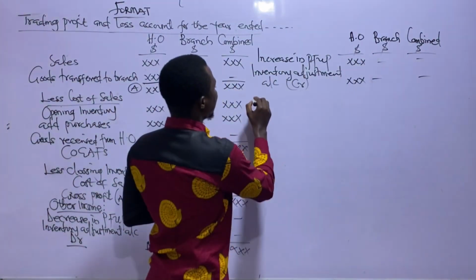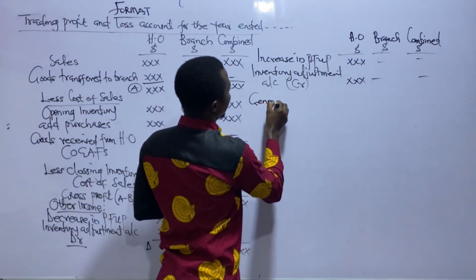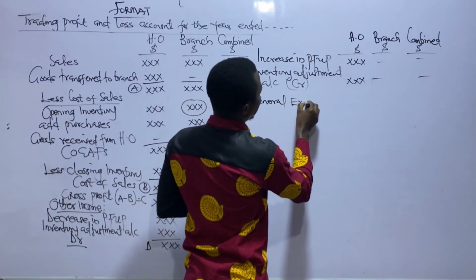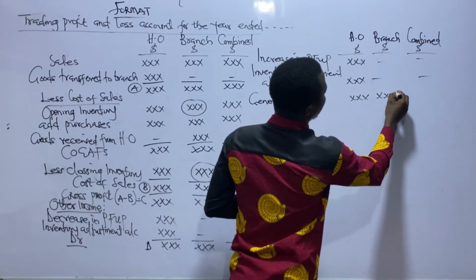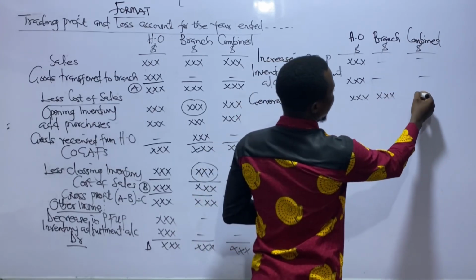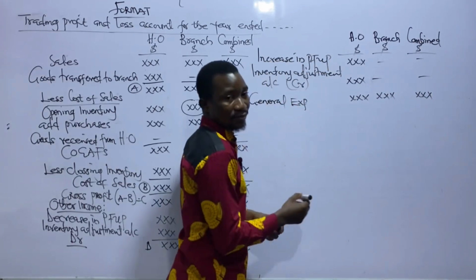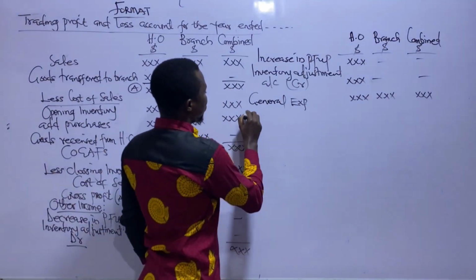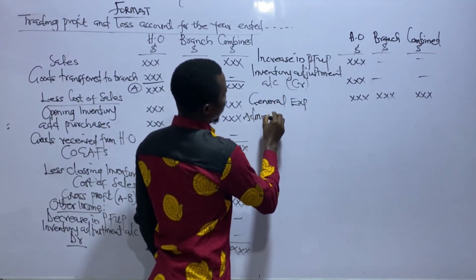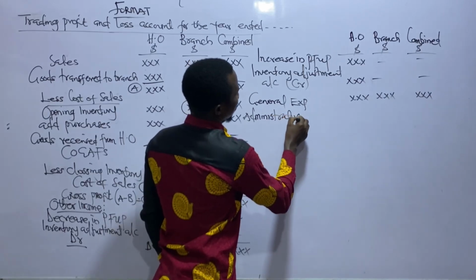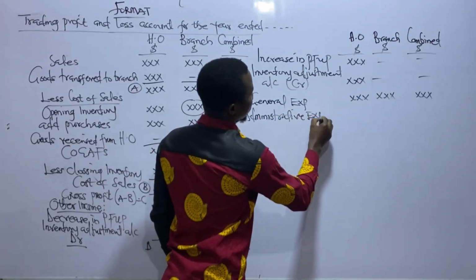We could have, let's say, general expenses. Okay, it will affect both the head office and the branch, so we have to record it under the combined. Let's say we have administrative expense.